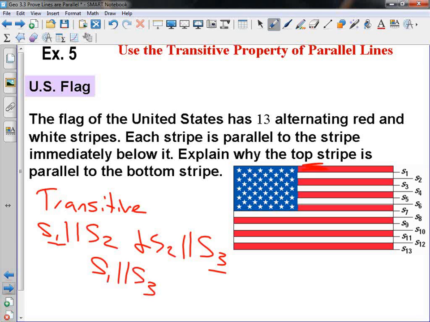The reason why we have this one is so we can talk about the transitive property. It cuts out the middleman. What I've done so far is just stripe 2, but on this whole flag we're cutting out the middleman of stripes 2 through 12 to prove the top and bottom one are parallel.